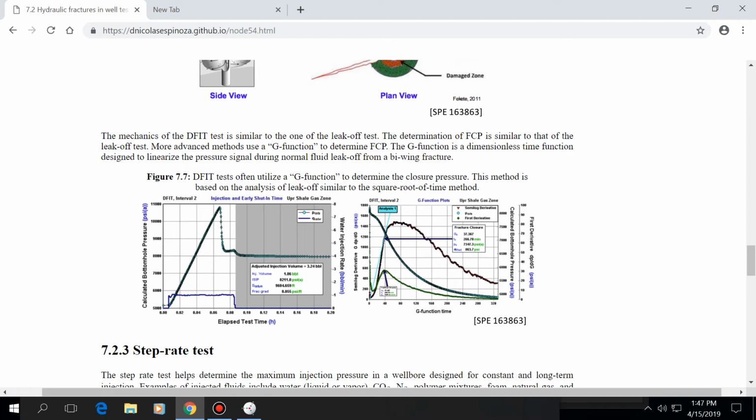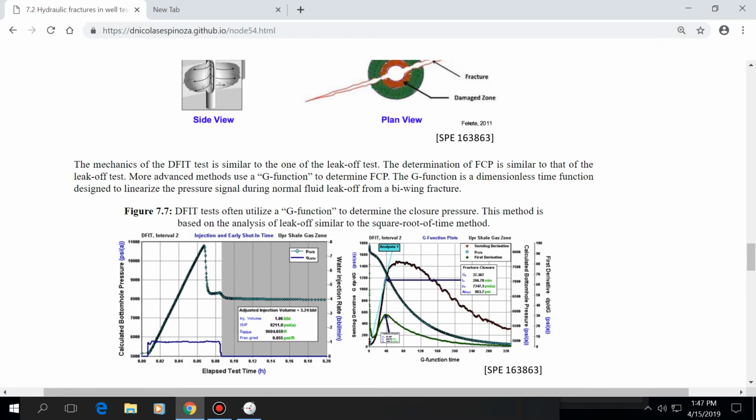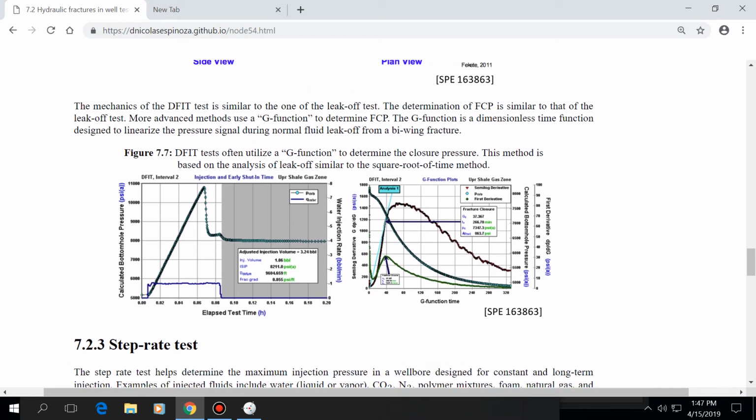And what is used currently in industry is replotting the data with something which is called a G function. And a G function, what it does is something very similar to the square root method. It just tries to predict the flow by converting time in a time which will give you more or less a linear relationship of pressure with time if you had a planar fracture.